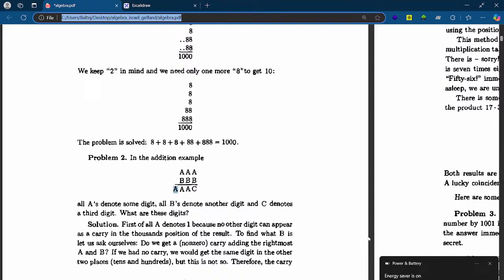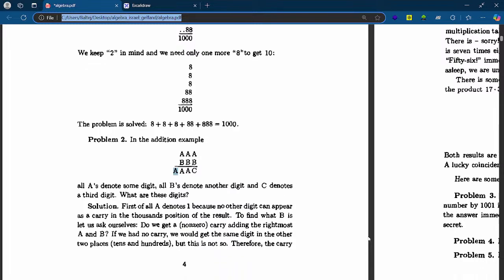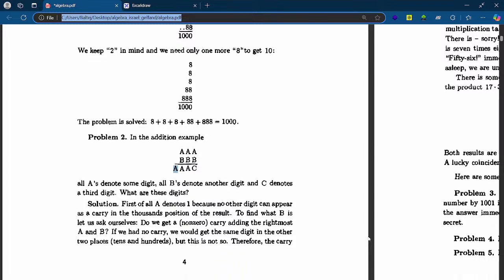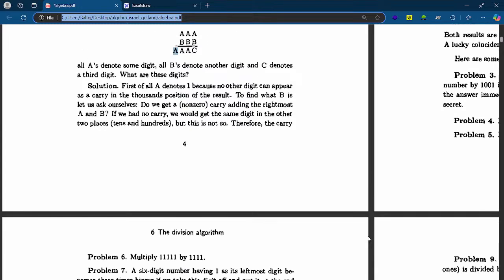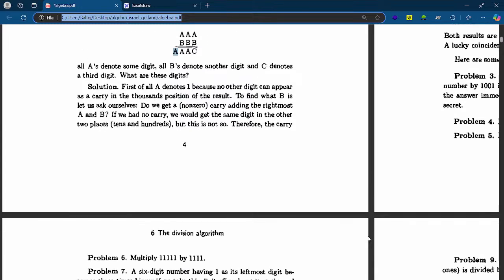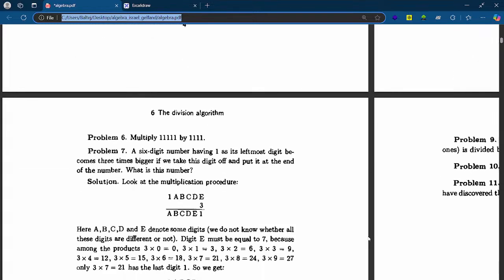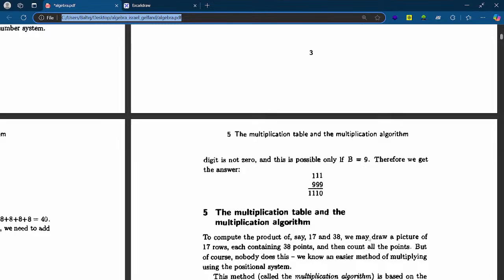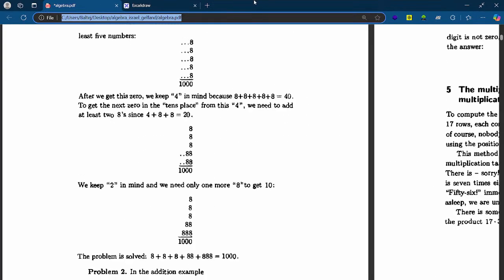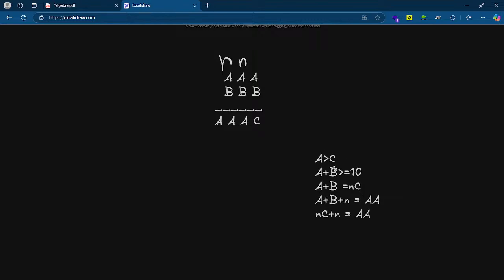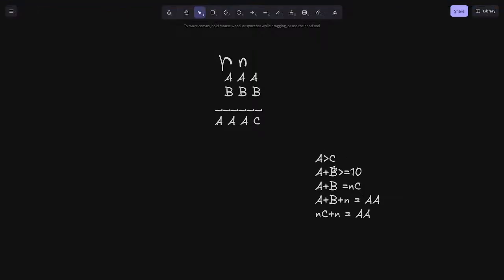So we should have already guessed that A denotes 1. And we have already made here that A plus B should be greater than or equal to 10.